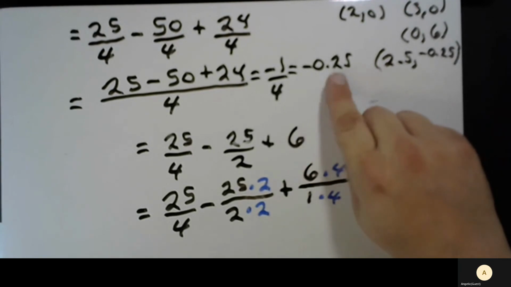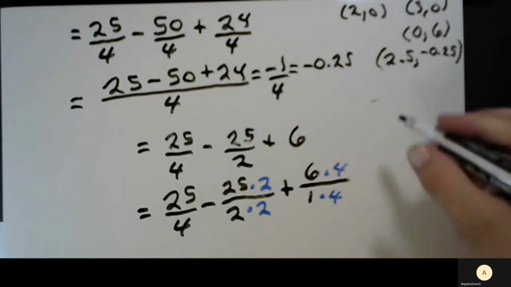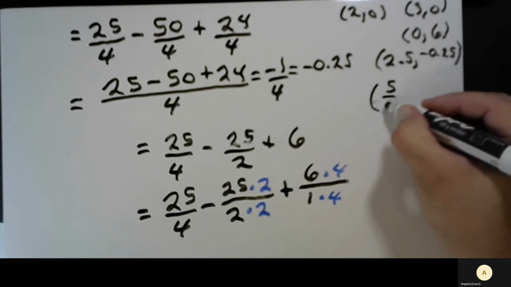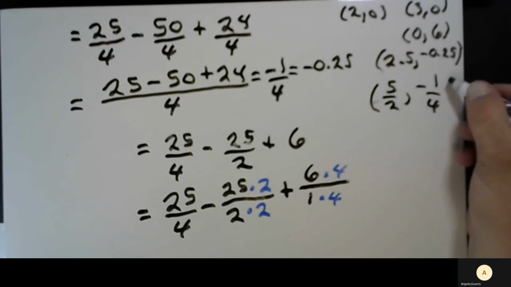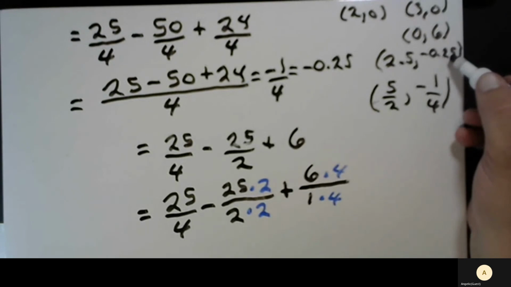But I guess the safest thing in that case would be to go with -1/4. That would be the safer thing to do. So I would say for my vertex here, you might enter 5/2 and -1/4 instead of 2.5 and -0.25.